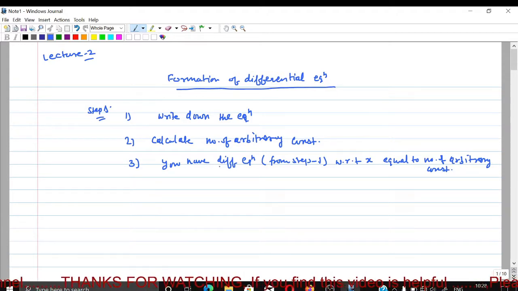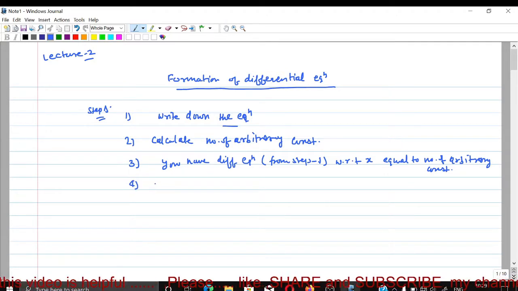It means you differentiate the equation successively, as many times as the number of arbitrary constants present in the equation which you extract from the given problem.